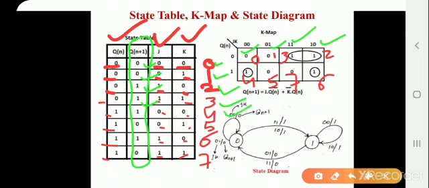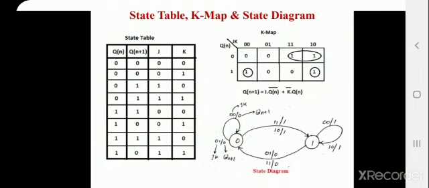At position number 4, we have value 1. So 1. At position number 5, we have 0. So 0. At position number 6, we have 1. So 1. At position number 7, we have 0. So 0. So this is the concept by which we can put various values in the K-map.